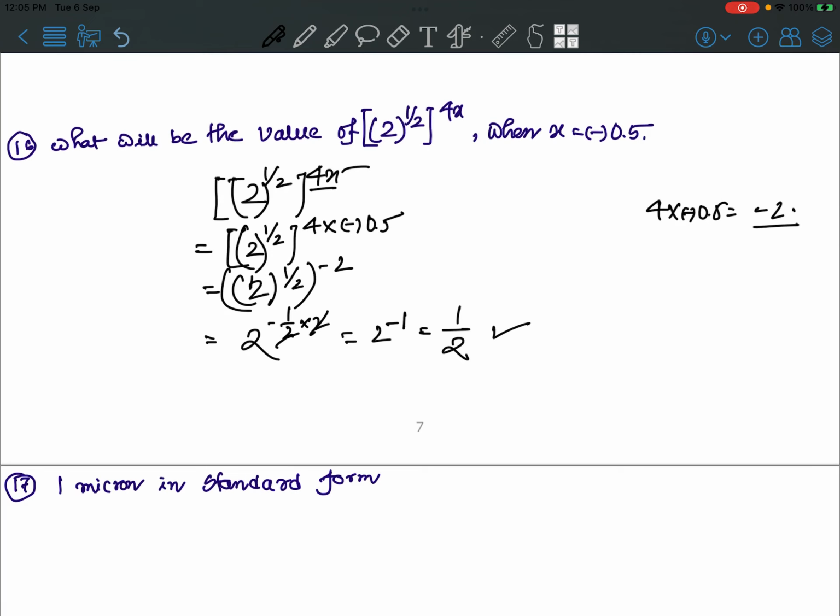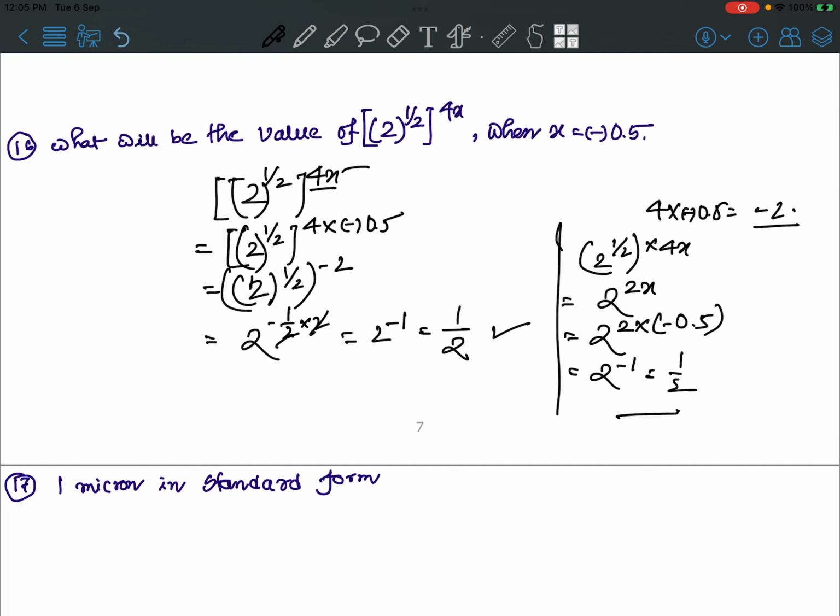The second way is we multiply half with 4x, that means 2^(2x), then we put the value of x, which is -0.5. We can write it as 2^(-1), then half. Both ways we can do it.